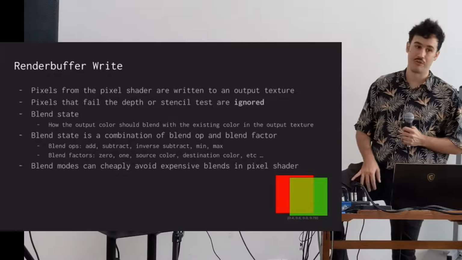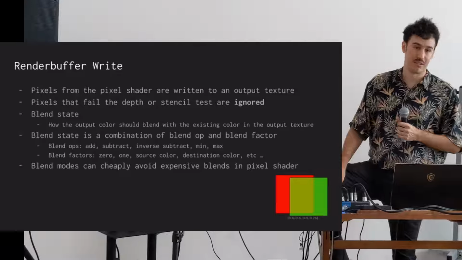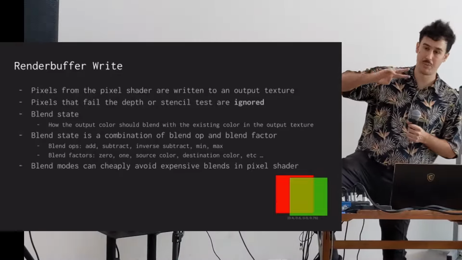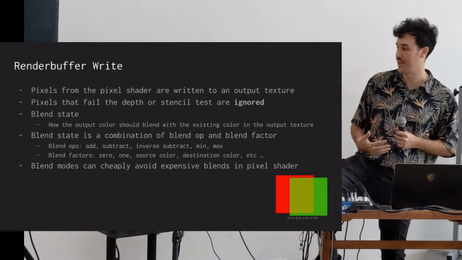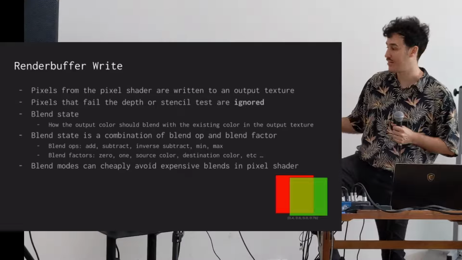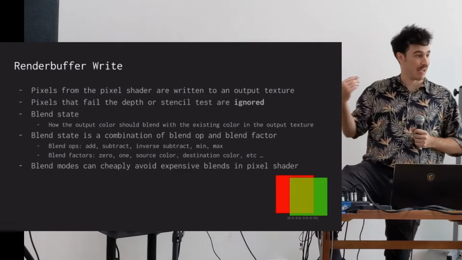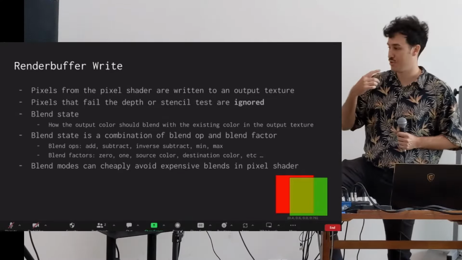Blend operations, if you've ever heard of additive blending, that's a really common blending process for doing lights, right? Because when two lighting colors blend with each other, you want them to add into each other. You can also subtract. You can do an inverse subtraction. You can take the minimum color. You can take the maximum color value. And then those get multiplied by blend factors.